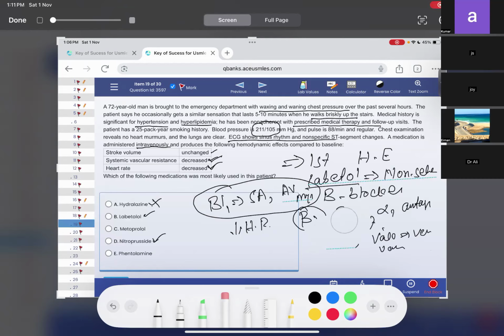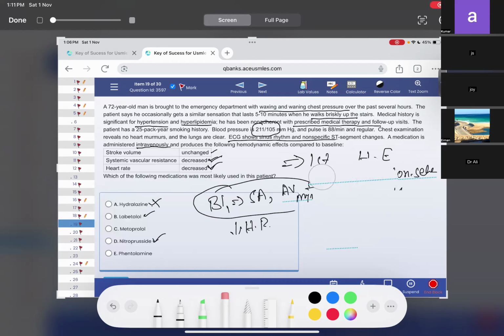So by vasodilation of both arterioles and venules. Doctor, beta 2 will cause vasoconstriction if antagonized, right? No, vasodilation. Beta 2 agonism causes vasodilation, and when it is blocked, it will usually cause vasodilation in this context, as discussed.